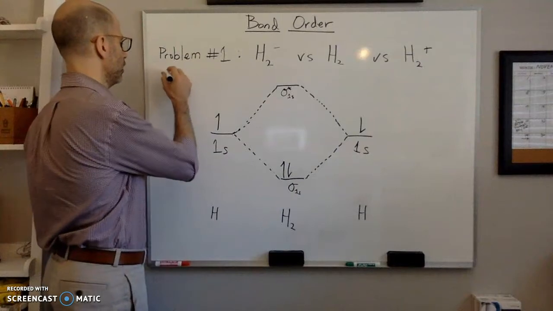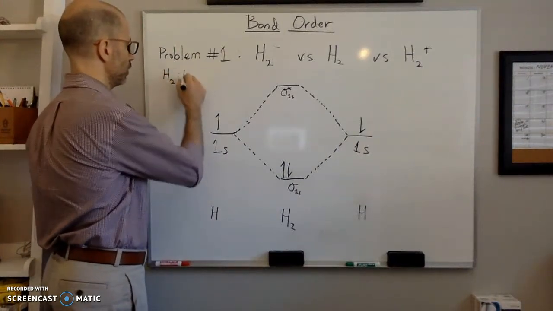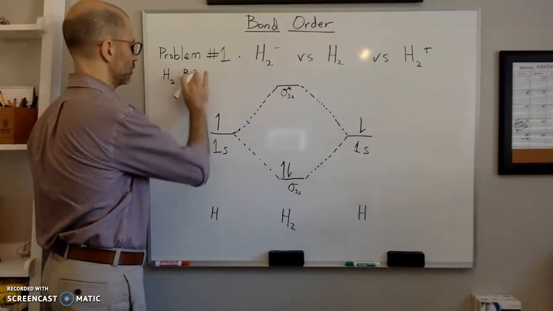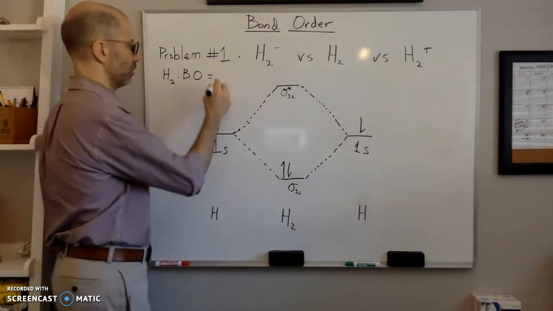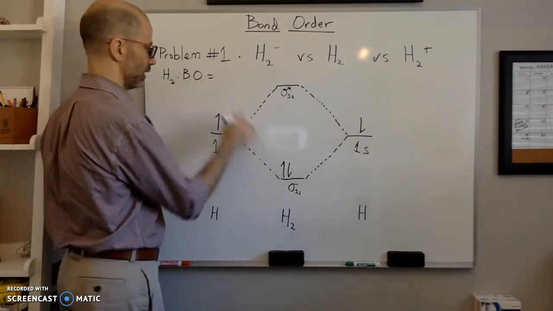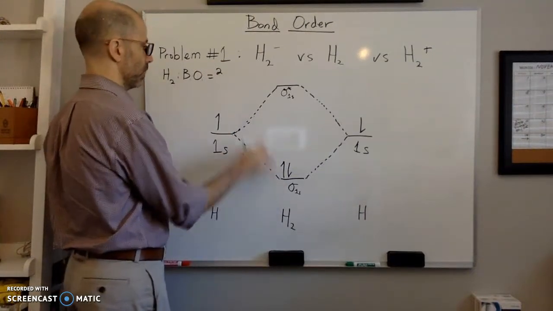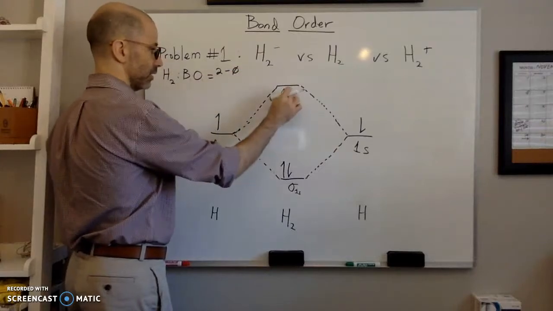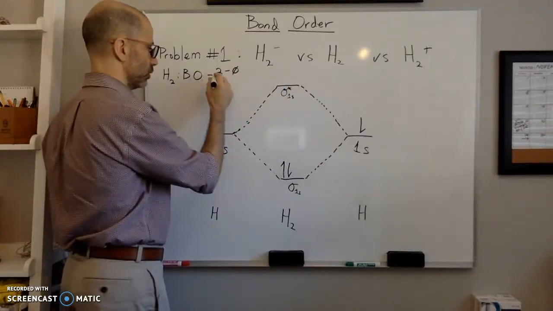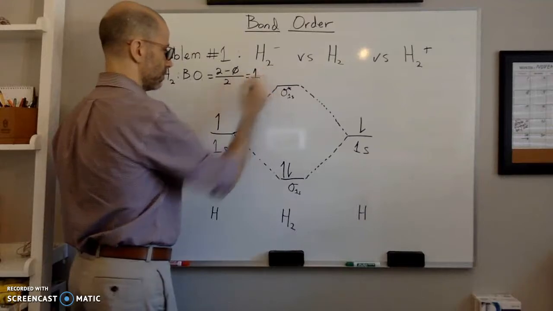So here, for H2, the bond order is going to be equal to, we have 2 electrons in a bonding orbital. We don't have any in the anti-bonding orbital. We're going to divide by 2 and we get 1.